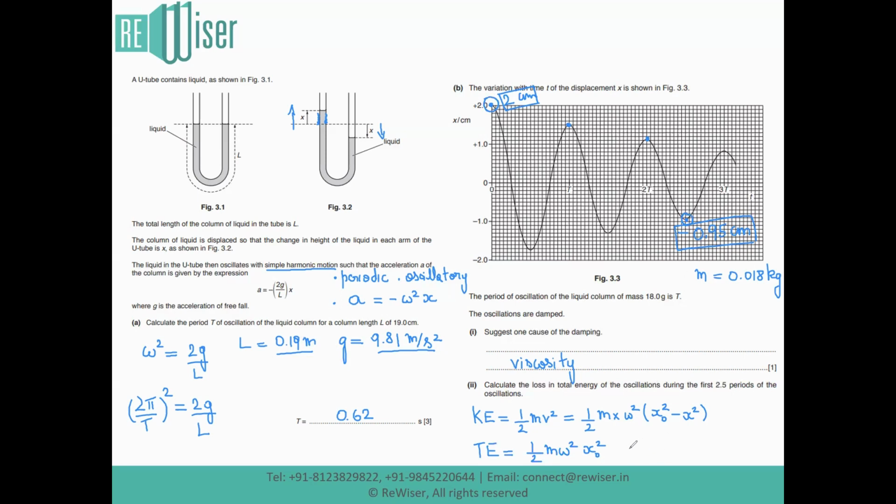And the subtraction between them will give us the loss of energy as approximately equal to 2.9 × 10⁻⁴ joule. This concludes the solution to the question. Thank you.